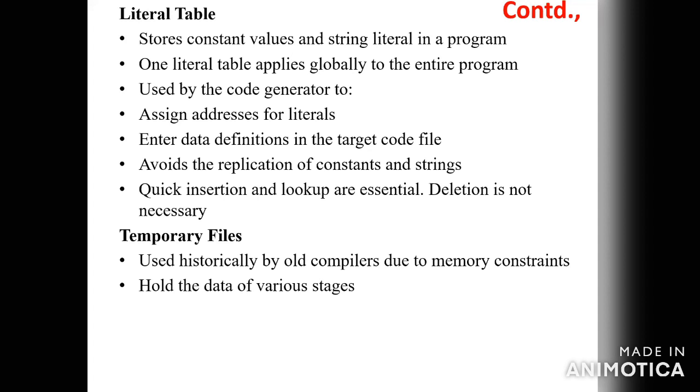In phases of compilation, we have 2 phases: analysis phase and synthesis phase. The analysis phase is the front end of the compiler, the synthesis phase is the back end. Both phases use all 6 phases of compilation, from lexical analysis to code generation, along with the symbol table and error handling, which are handled in all the phases.